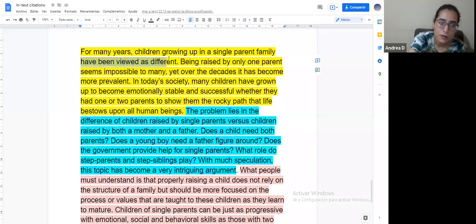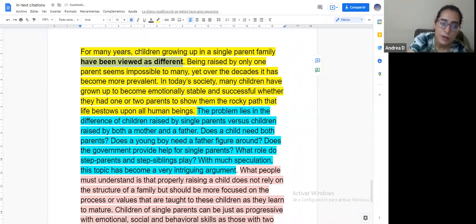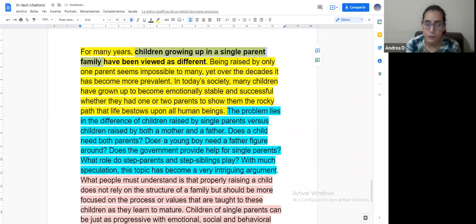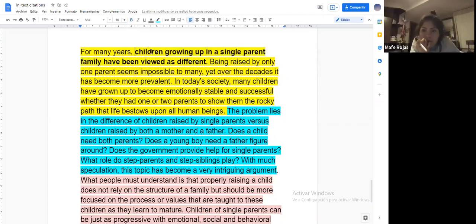Here, for example, this is the problem, right? That children growing up in a single parent family have been viewed as different. That's the problem that he's going to refute, right? He's going to say, even though these children are seen as different, they are not. They could be just as successful and just as stable as any other child. So that's the problem, that they are viewed as different.